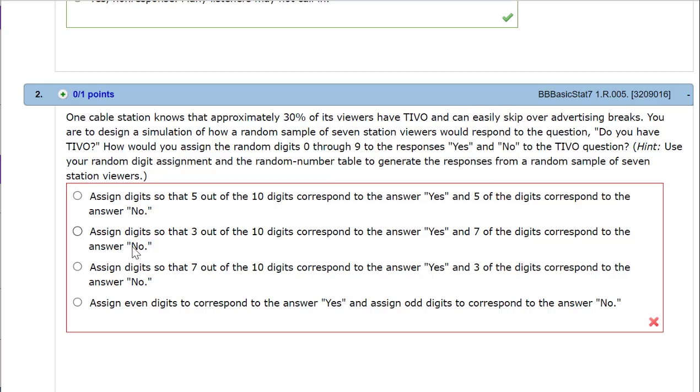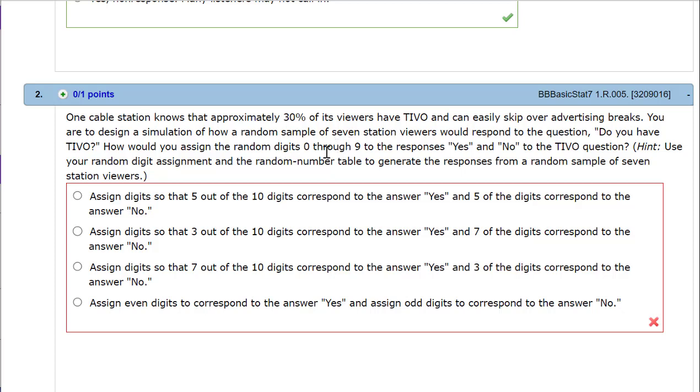How would you assign the random digits 0 through 9 to the responses yes and no to the TiVo question? Hint, use your random digit assignment in the random number table to generate the responses from a random sample of 7. So we're going to do the digits 0 through 9. We're going to do a simulation.